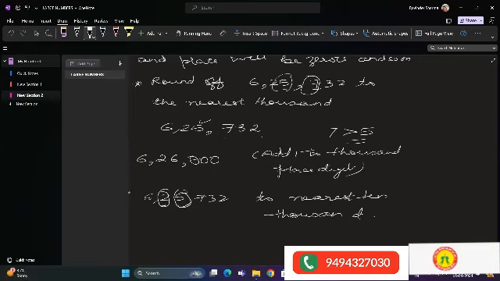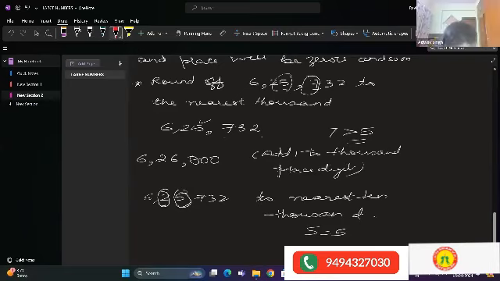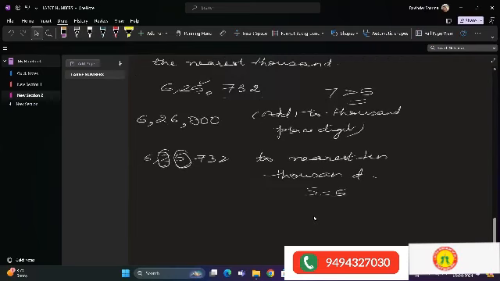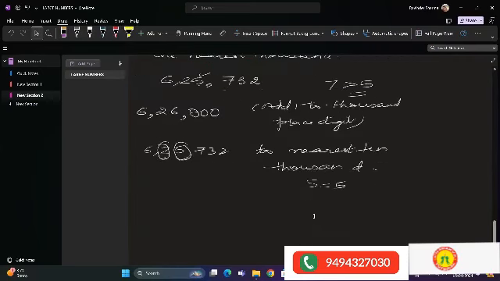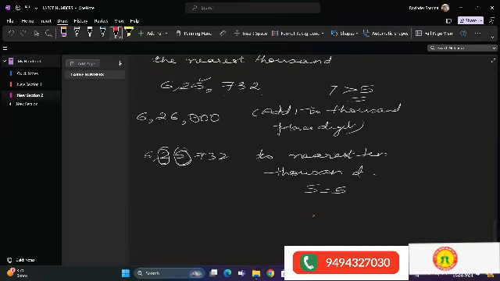So this 5 is equal to 5 now. Then you will add 1 to the 10,000 place digit. So it will be 6, 3. Now the rest of the digits will be 0.